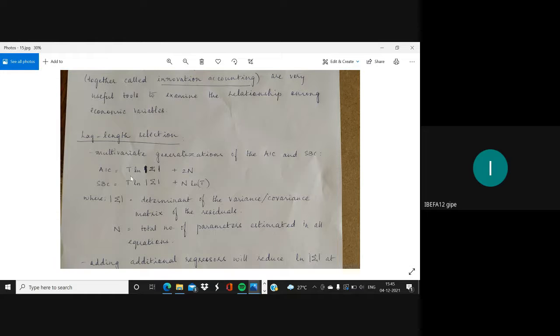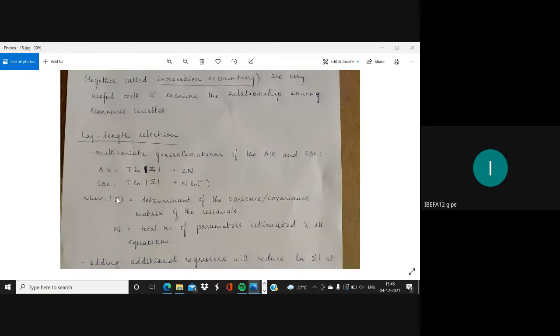Here we'll be using the multivariate generalization of the AIC and SBC. For ARIMA models, we were using the univariate form of these criteria. So here in a VAR, since there are n variables, we'll be using the multivariate form of these AIC and SBC criteria.